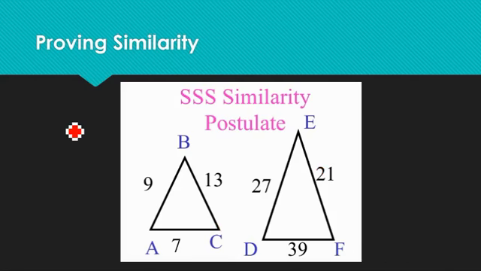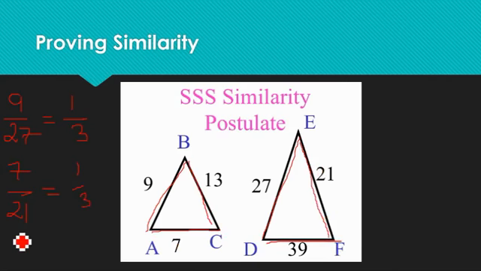So in this case, we would have 9 to 27, which would equal 1/3, and we'd have 7 to 21, which would equal 1/3, and we have 13 to 39, which also equals 1/3.